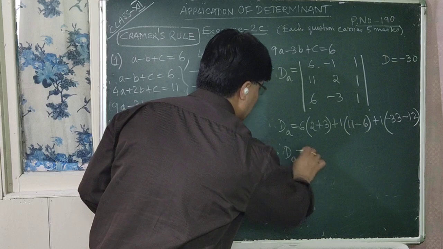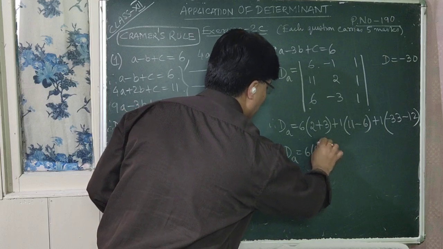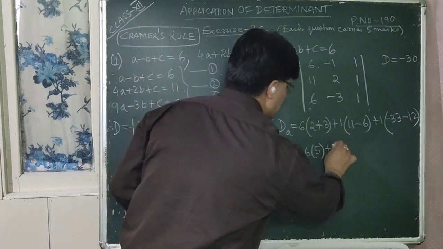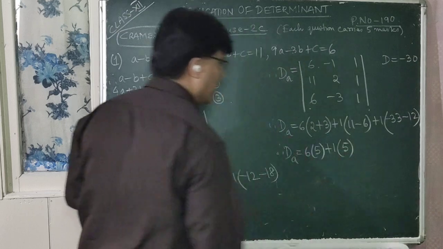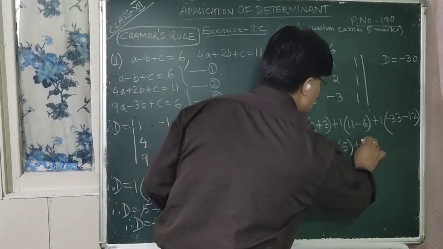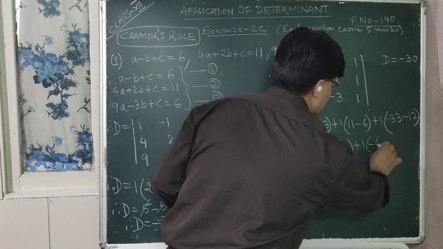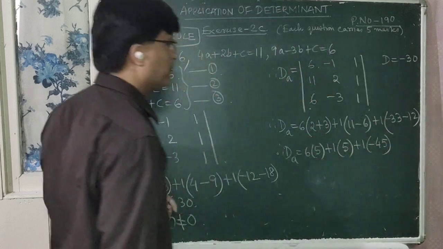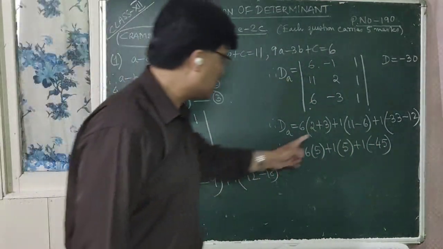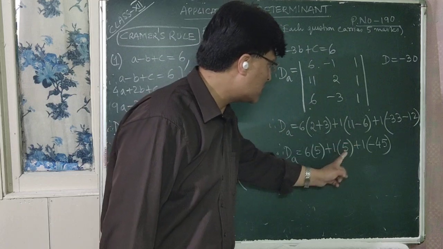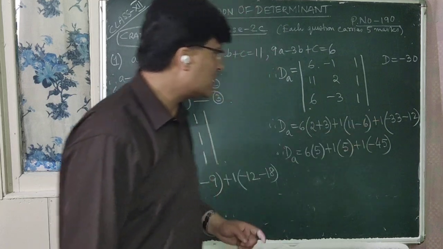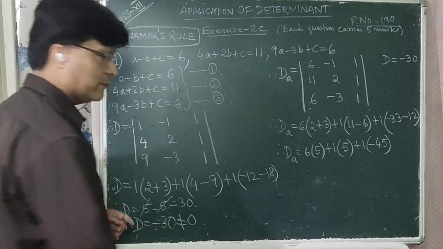So DA is equal to what? 6 into 5, plus 1 into 5, plus 1 into minus 45. Is that right? 3 plus 2 is 5, 11 minus 6 is 5, minus 33 minus 12 is minus 45.